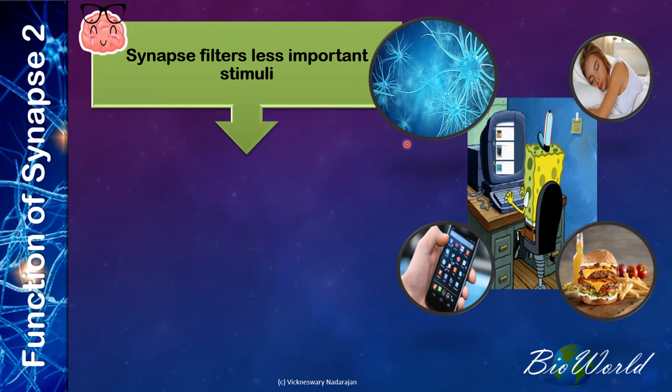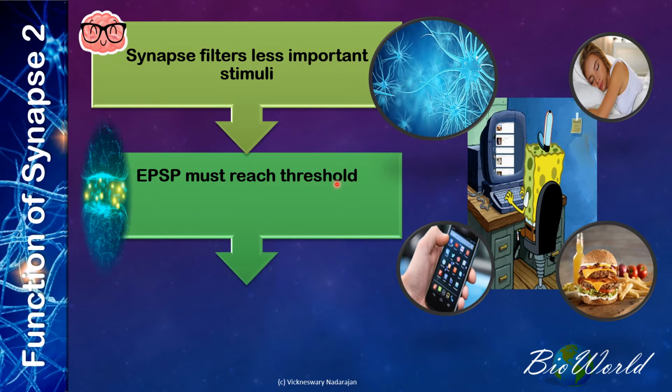So you wonder, how does the synapse know which is an important stimulus and which is not? This is where the synaptic cleft becomes important. If the nerves are directly connected, then electrical impulse will be transmitted by saltatory conduction or localized current.